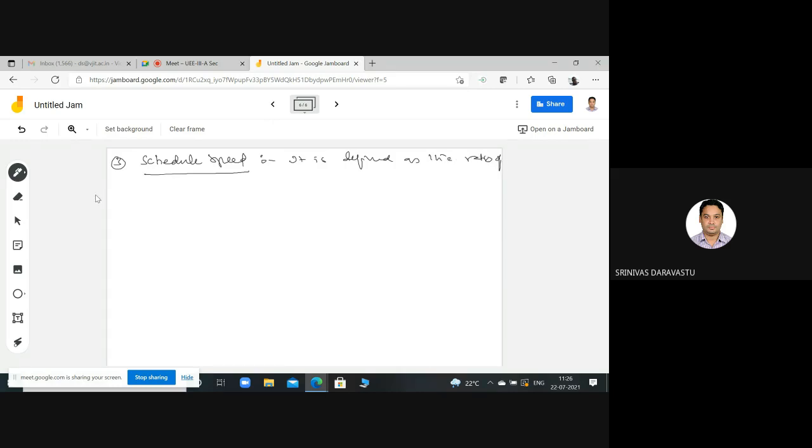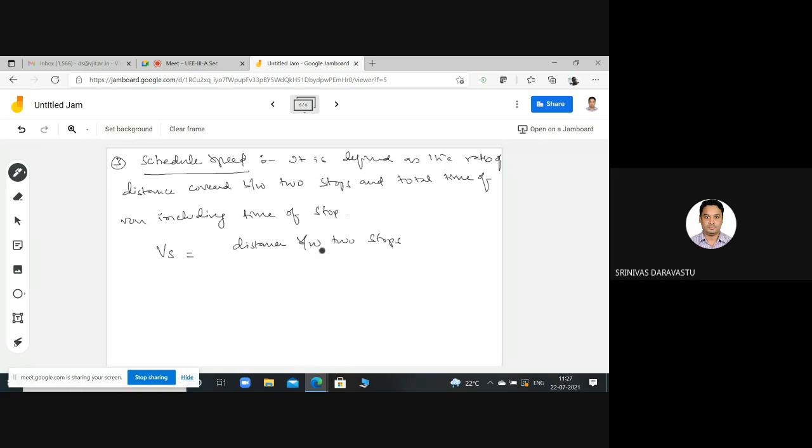It is defined as the ratio of the distance covered between two stops and the total time of run including the time of stop, and it is represented with Vs. Scheduled speed is equal to distance between two stops by actual time of run plus time of stop, or stop time.